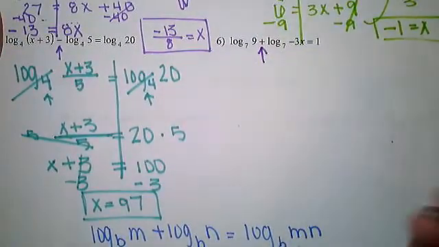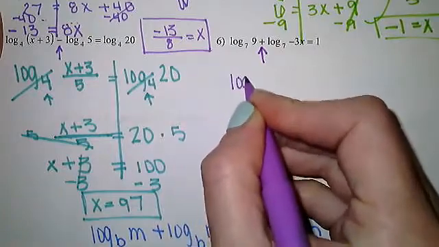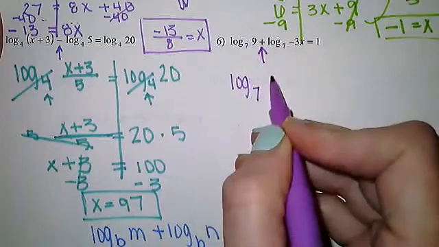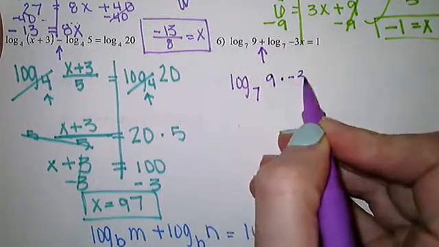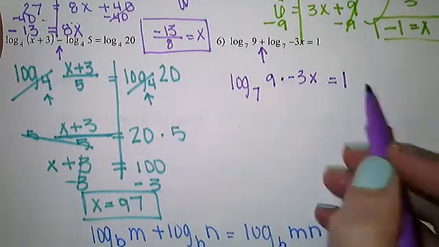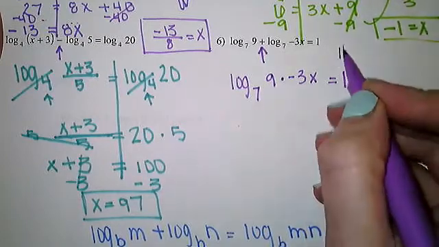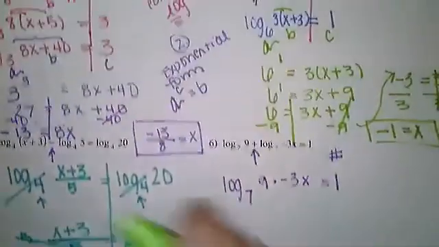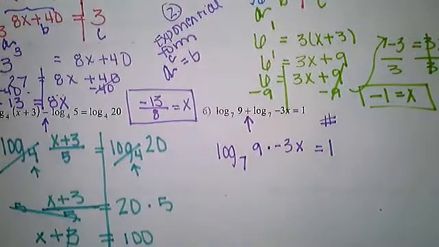Since we have addition, we're going to start with condensing again. We're going to keep our base. And since it's addition, we're doing multiplication, 9 times negative 3x. We notice we have a number on this side, so that means we're probably going to have to transform it into exponential form.